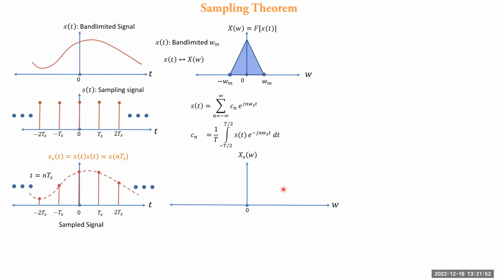So here the process is pretty straightforward. First we'll calculate Cn, and that is equal to 1 by Ts integral of delta(t) times e raised to minus jn omega s t dt.